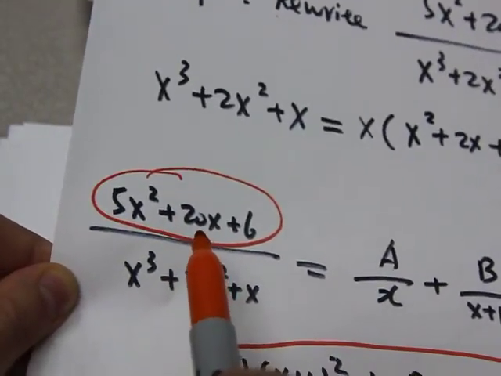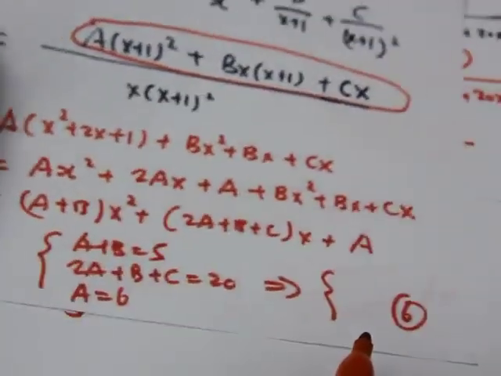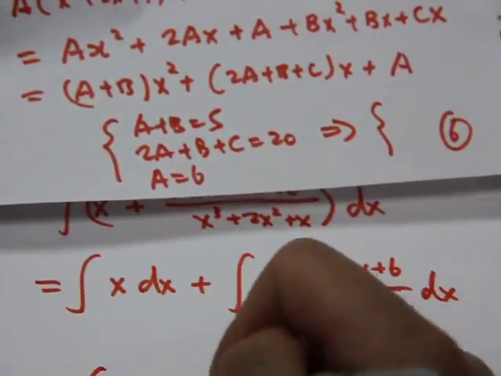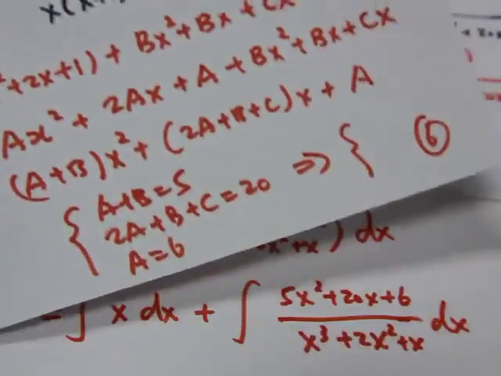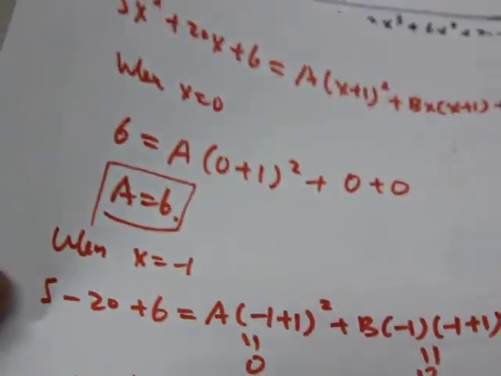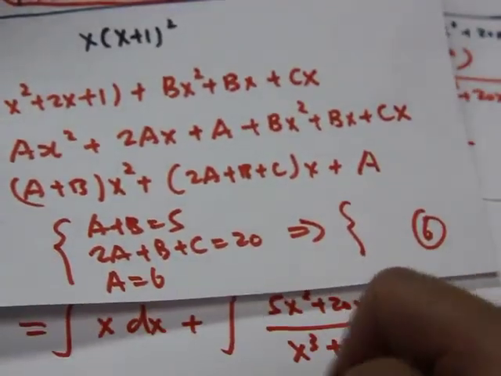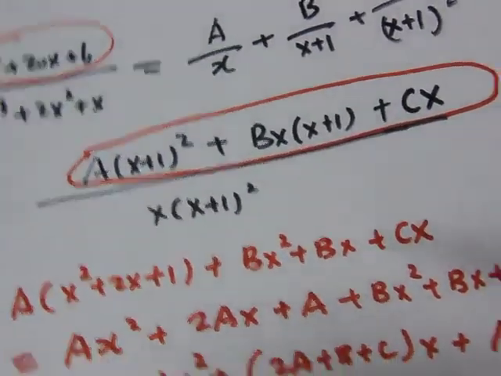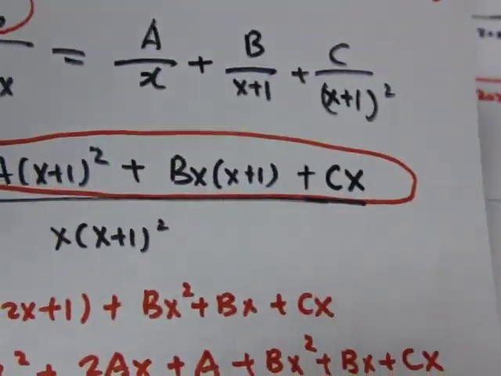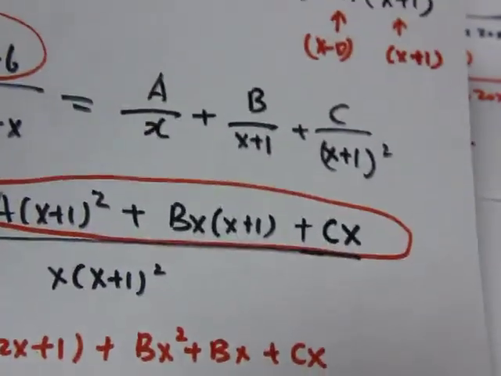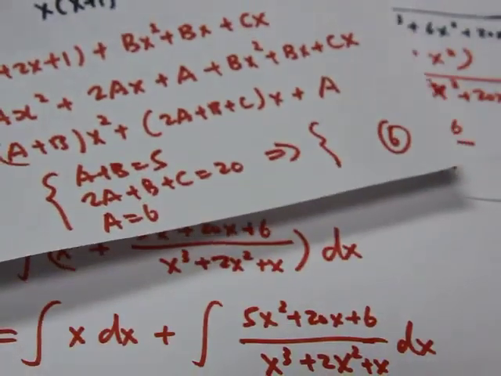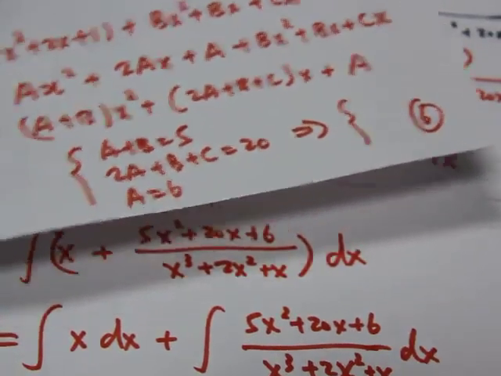And for the second integral, we use the partial fraction. We can rewrite this into a over x, where a, as we determined here, is 6, so it's 6 over x, plus b, which is negative 1, so negative 1 over x plus 1, plus c. c is 9, so 9 over (x plus 1) squared dx.